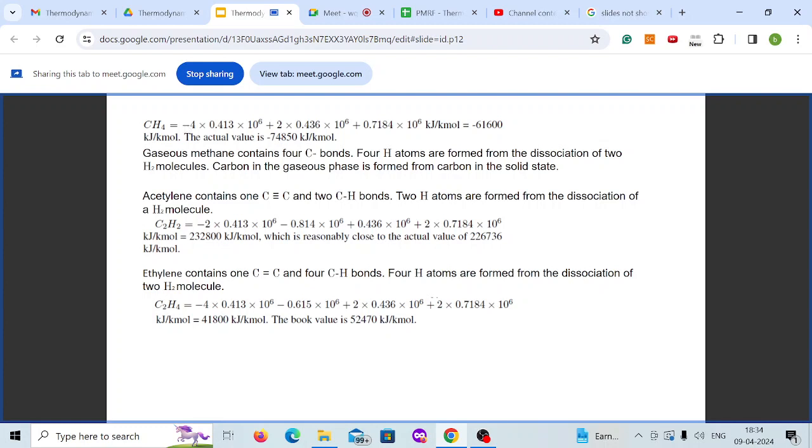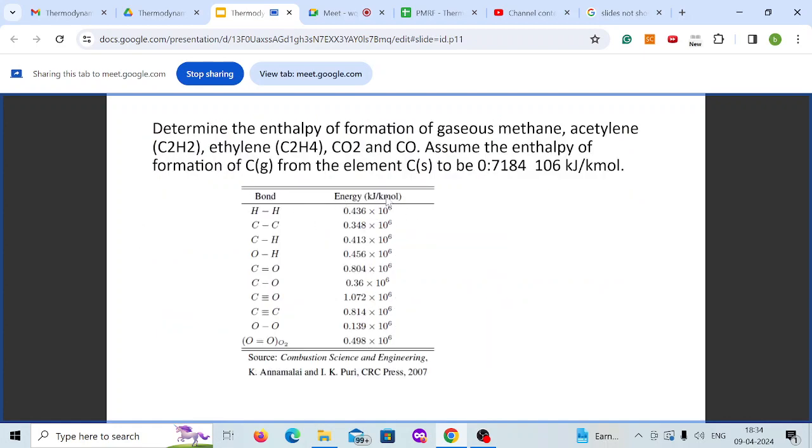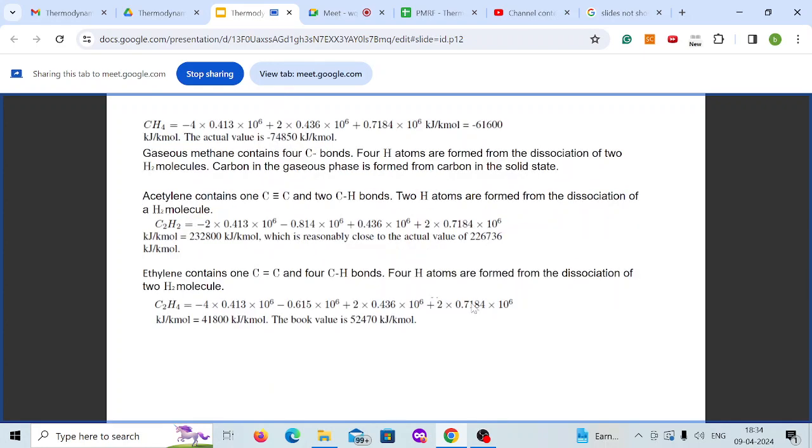So you have C plus H2 which forms CH4, and you require 2 moles of hydrogen H2 for 1 mole of carbon. So you need to break 2 H2 bonds and form 4 CH bonds. Breaking bonds consumes energy and forming bonds releases energy. So forming you are putting in negative, and breaking you are putting in positive.